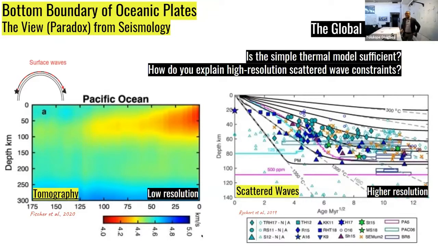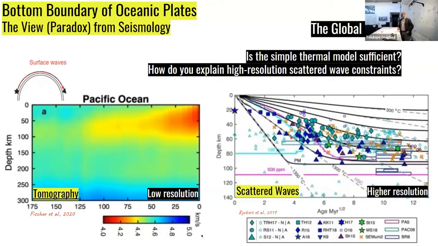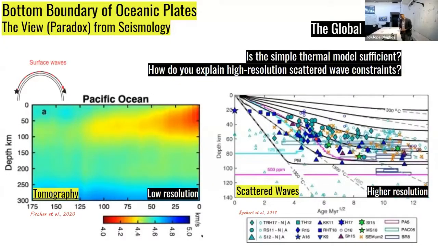But when we turn our attention to high resolution imaging, and this is a compilation by Kate Reichert and others, and there are different methodologies, but one might say all these observations, this constraint, come from high resolution view. So body wave imaging, SS bounce points, residual functions, what have you, we see more complexity.